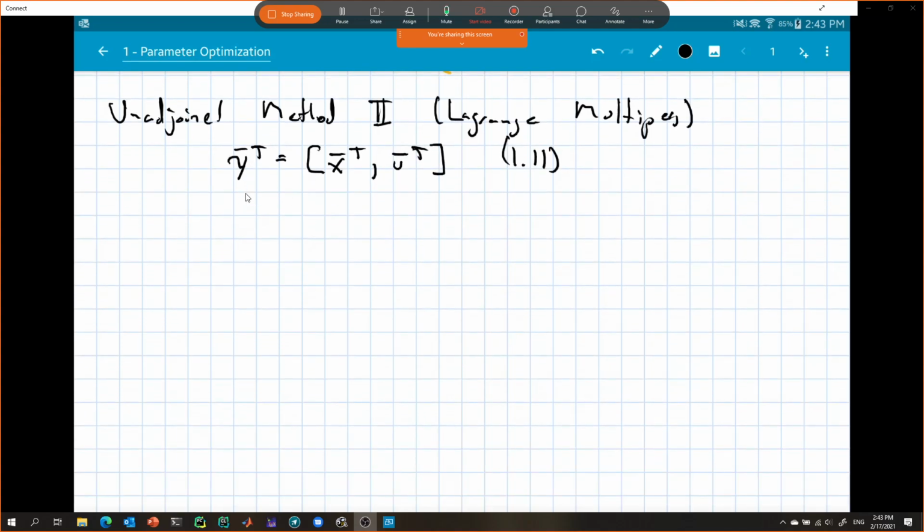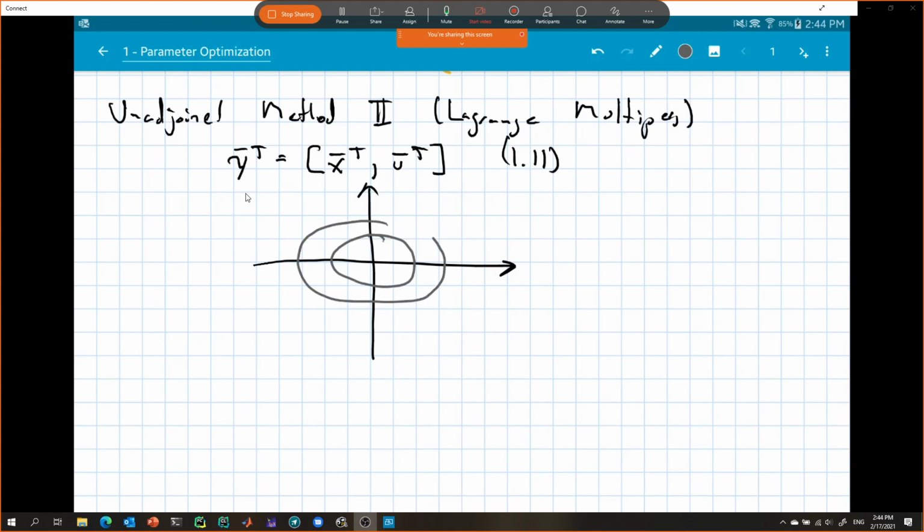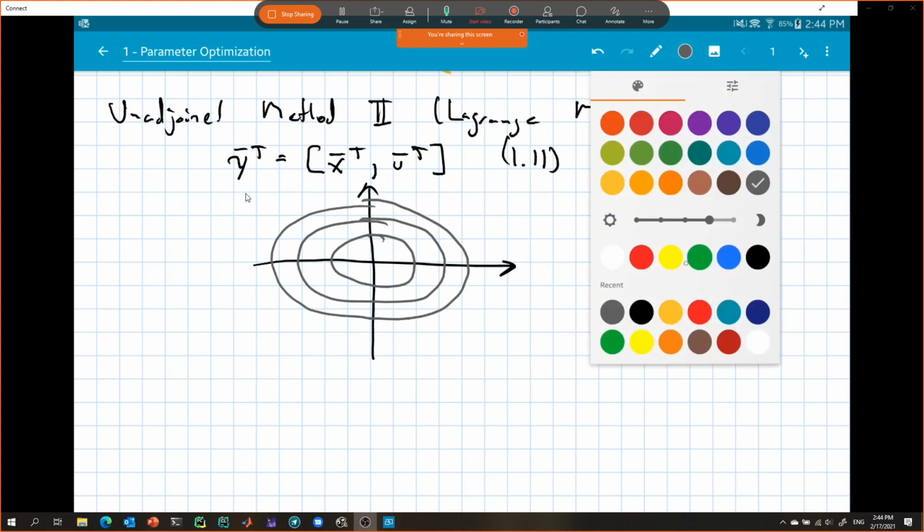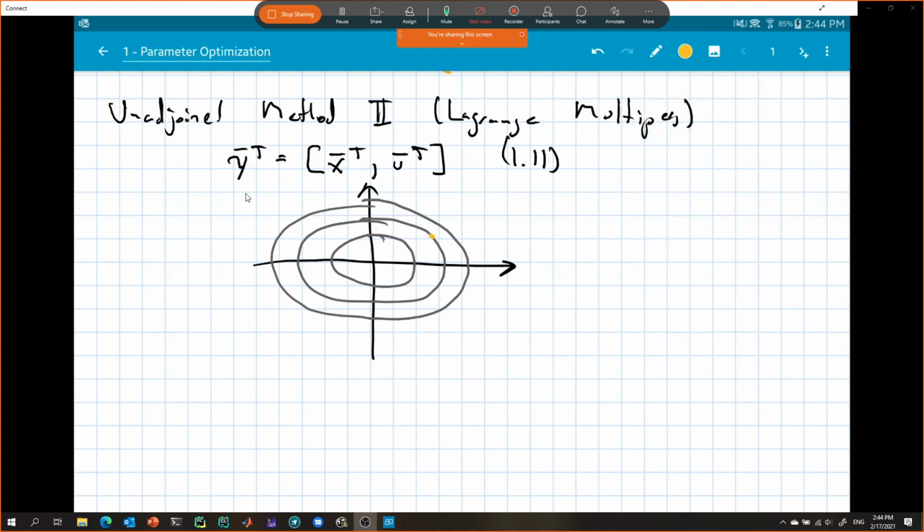And then if we look back at our contour plot here, we have our concentric ellipses. These keep on getting worse and worse. Right? And then we have, say, this is the optimal point, and we have a line on which the solution lies.